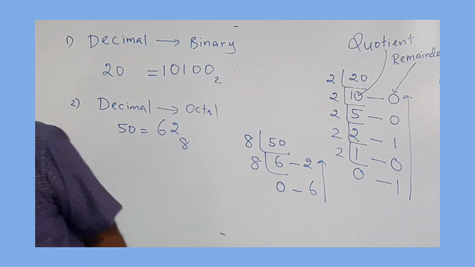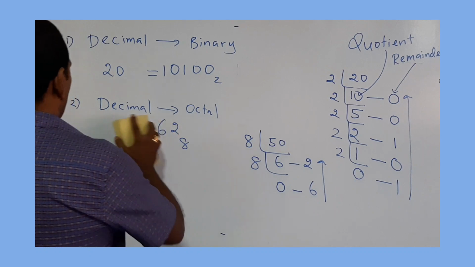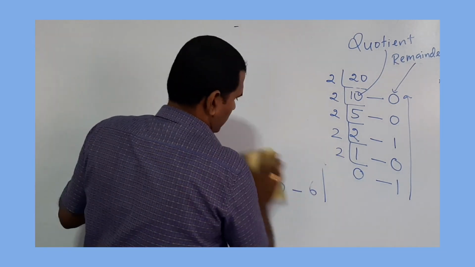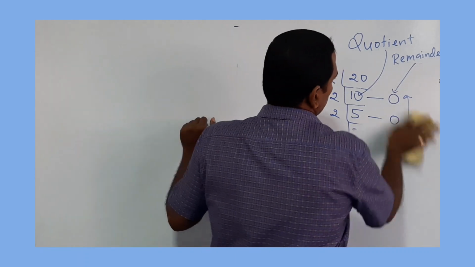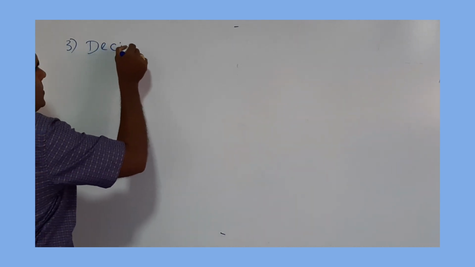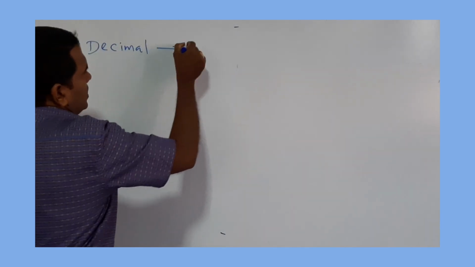So let's take one example. I'm going to write this. Number 3, decimal to hexadecimal.